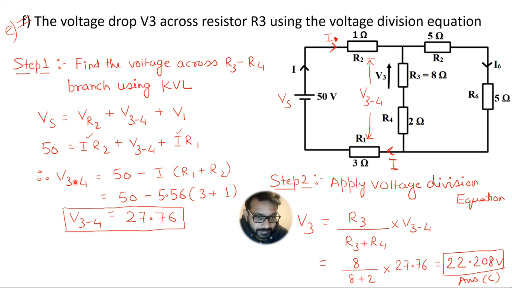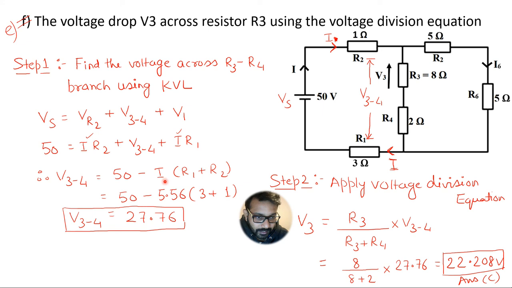I will rearrange this equation and write it as V3-4 is equal to 50 minus I, taking I common. I have skipped one step here, but I hope you will understand.